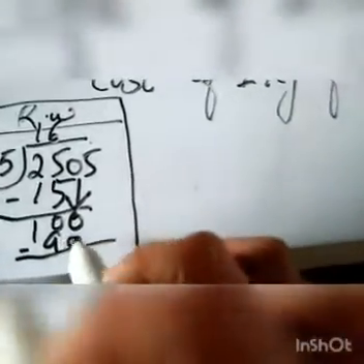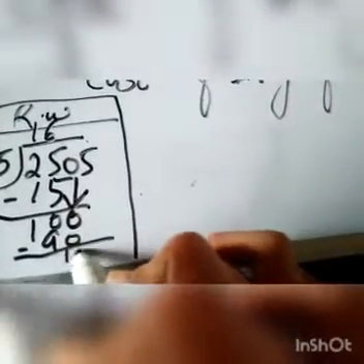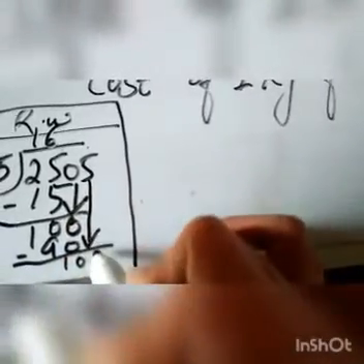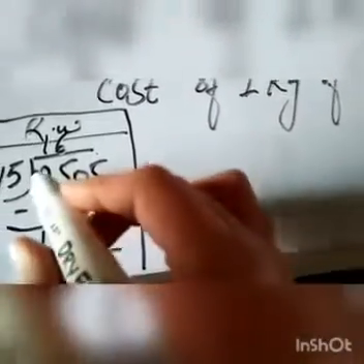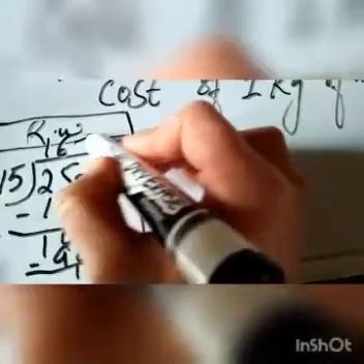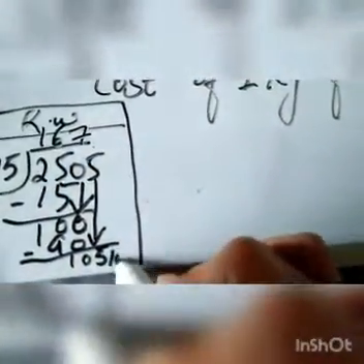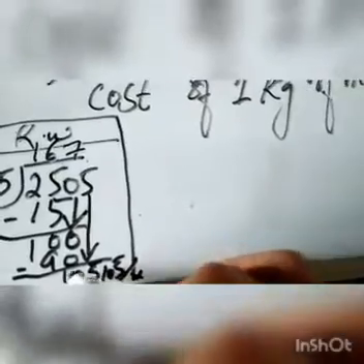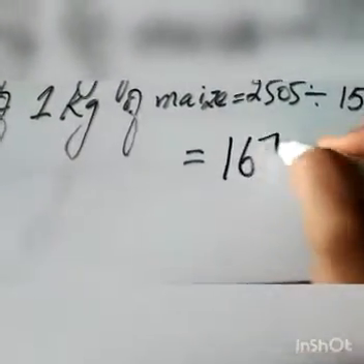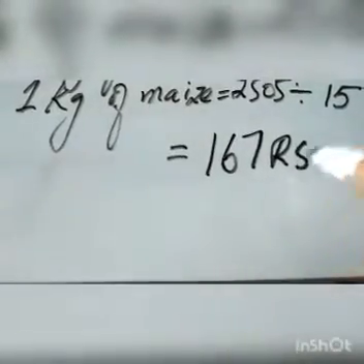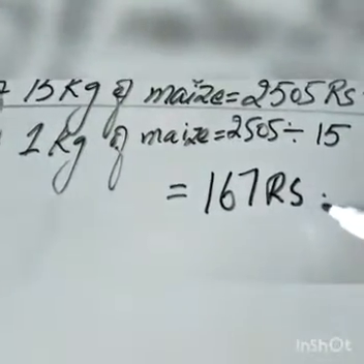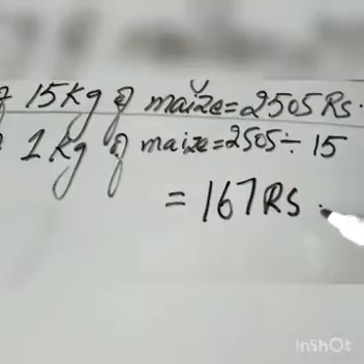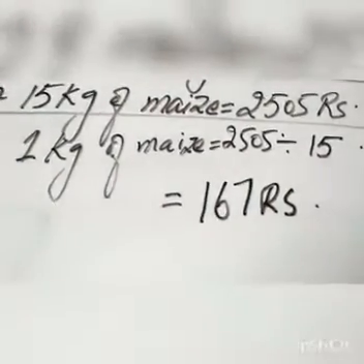Subtract 90 from 100, that is equal to 10. Bring down 5 to make 105. 15 7 times is equal to 105. Now subtract 105 from 105, that is equal to 0. So the answer is 167 rupees. Okay. The cost of 1 kg of maize is equal to 167 rupees.